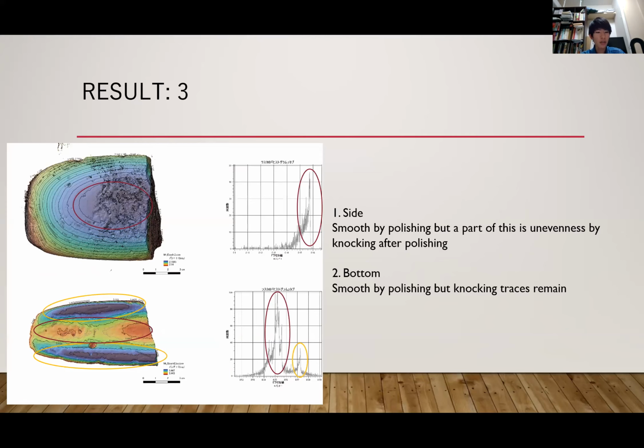The third stone implement is almost entirely polished. A part of the surface is rough because of partly knocking after polishing. The surface is flatter than the second stone implement. At the bottom, the groove is formed linearly, so there are two peaks in the histogram.